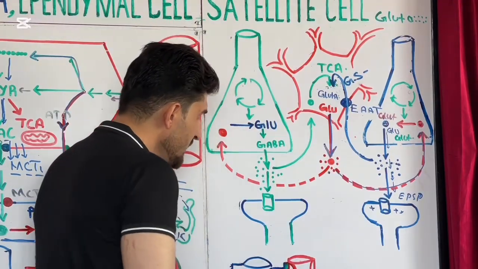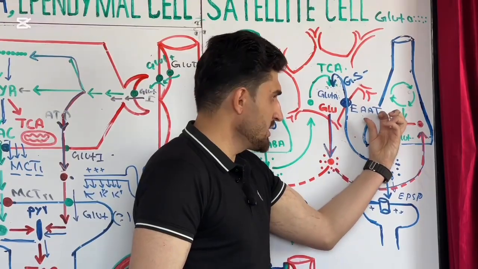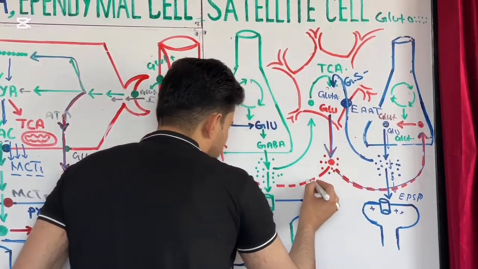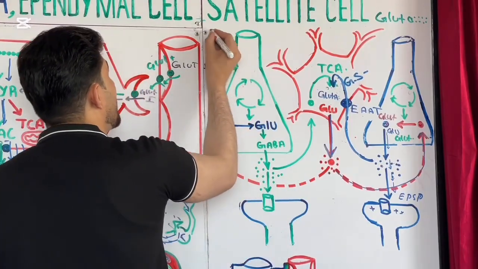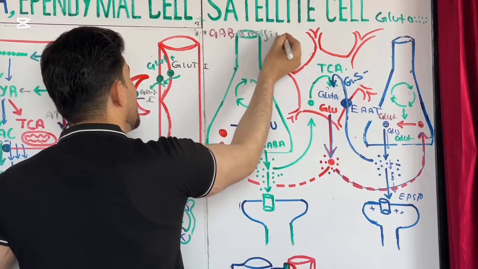Now this glutamate goes to storage in vesicles, it will be packed back and reused. And another portion of this glutamine is going to the GABAergic neuron.